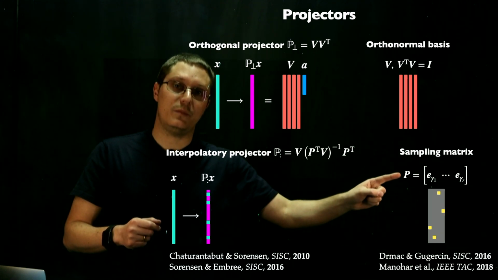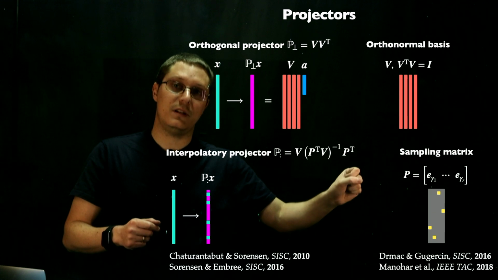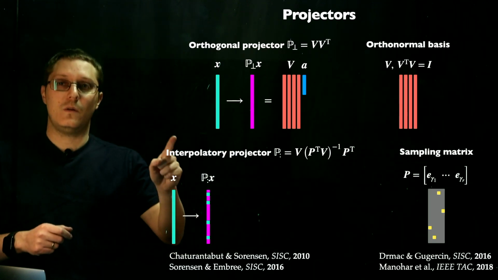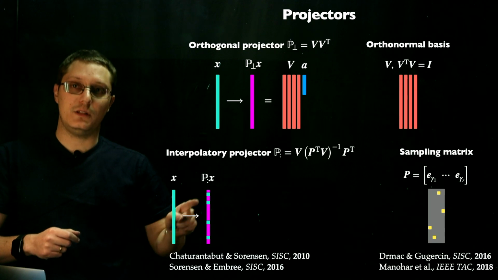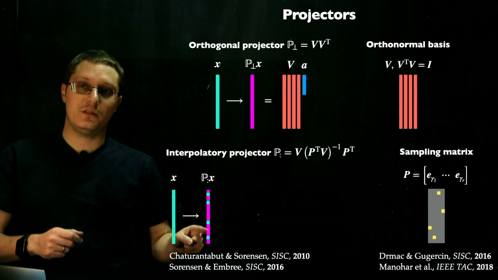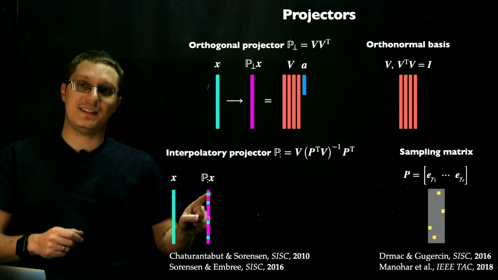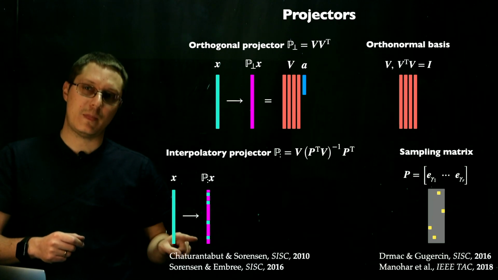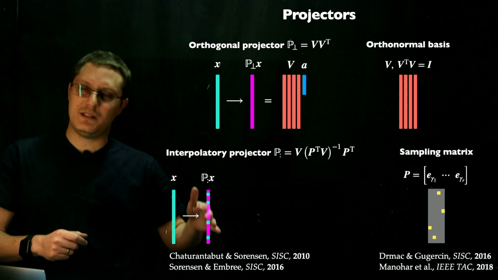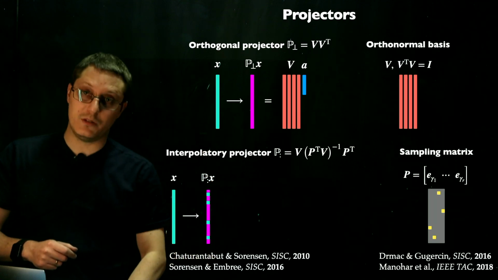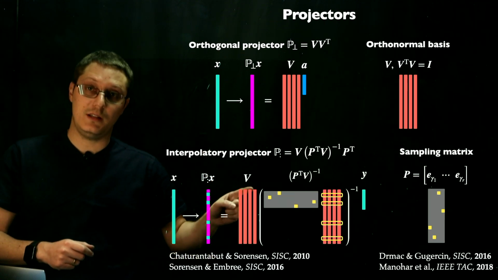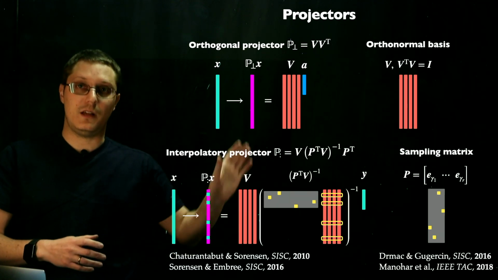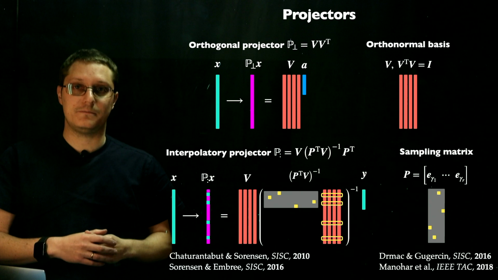So this is a sparse matrix that selects entries in any vector it hits. Okay, so when you hit a vector x with this interpolatory projector, you get something that exactly matches the original vector at some of the entries. And it messes up the other entries, but it doesn't matter because these other entries are actually in the span of your basis vectors, just like for the orthogonal projector.